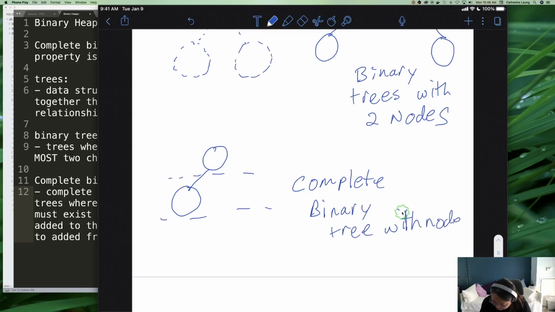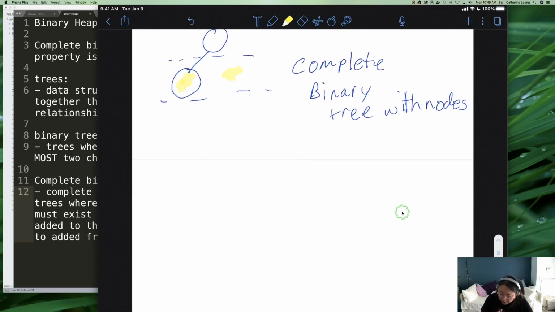We have to create the second node; this node must be created before this node. If we look at all the nodes across the same level, we have to create them from left to right. And we have to create every single node on a certain level before we can create nodes on the next level. So it's a restriction on the shape.